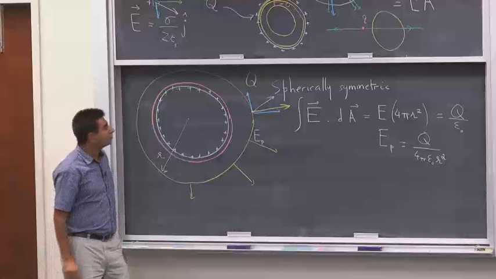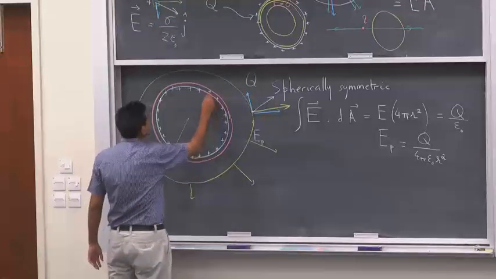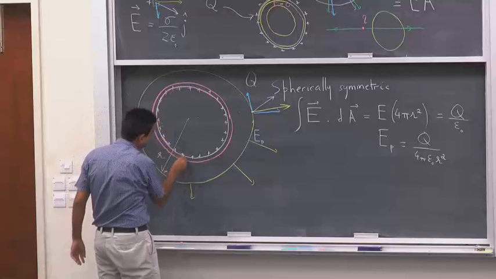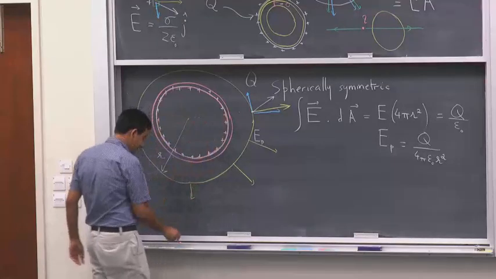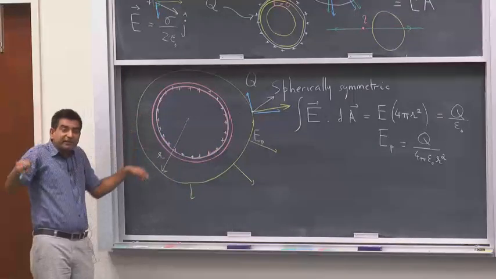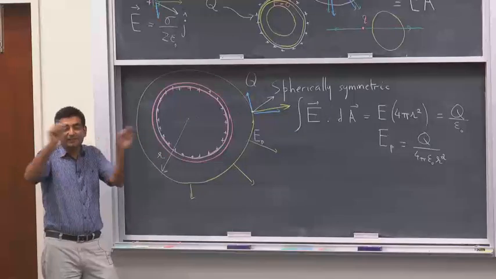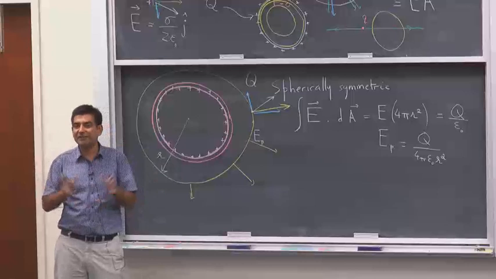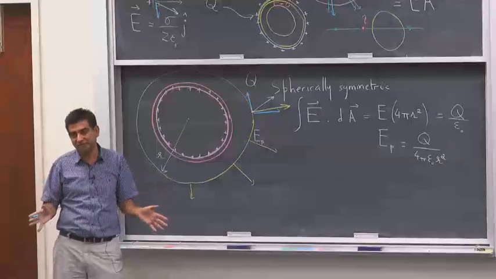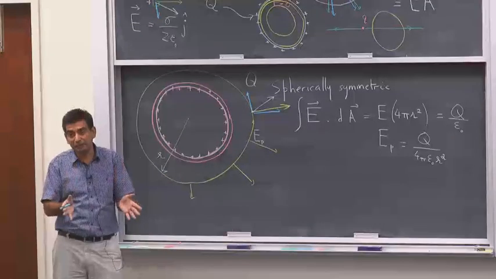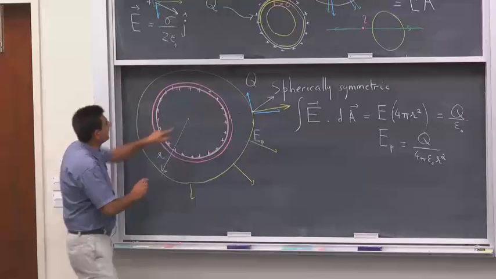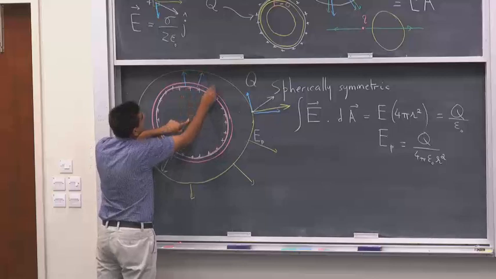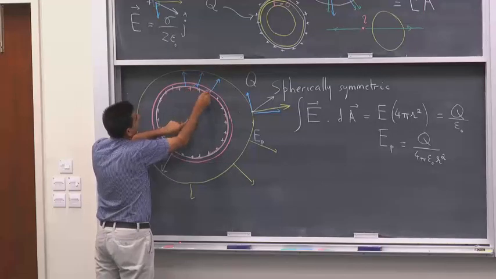So on the surface of the sphere itself, on a Gaussian surface which just skims the outer periphery of the surface, the electric field once again has to be normal to the surface, which means the electric field has to be radially outwards. And what does radially outward mean? Radially outward means that at all points on the surface of this object, the electric field is normal to the surface.